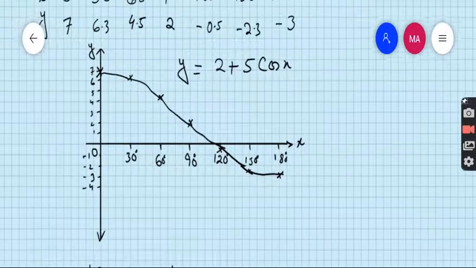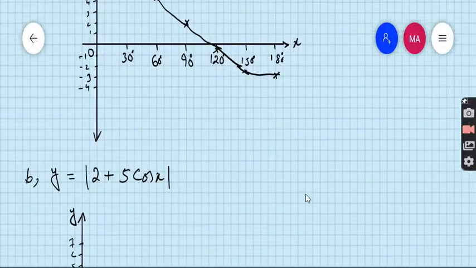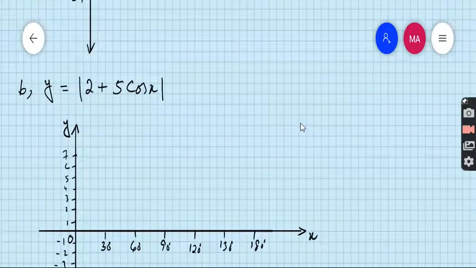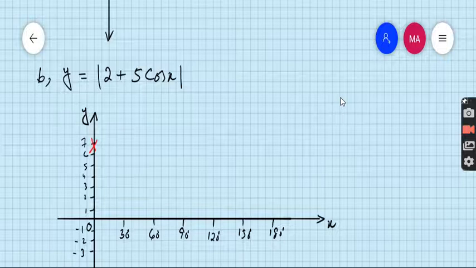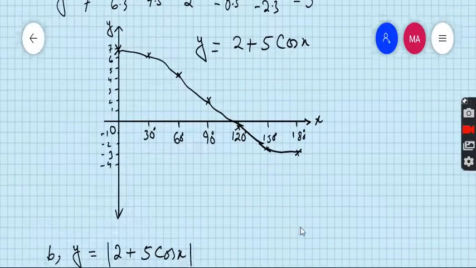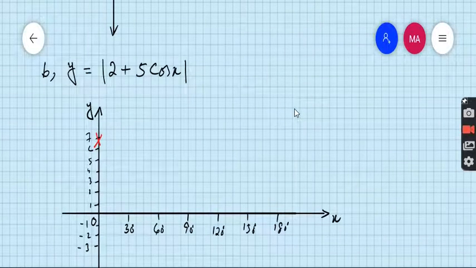Check this. For 0 it is 7, the same. This is the first value. For 30, the value is 6.3, same. 1, 2, 3, 4, 5, 6, 6.3.